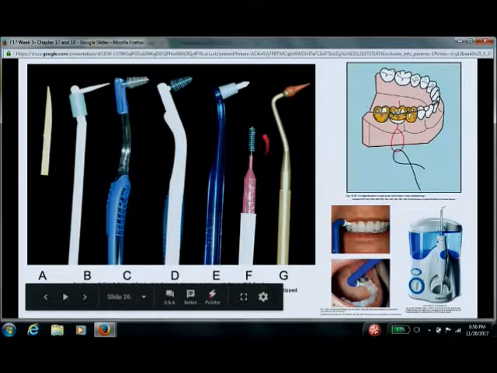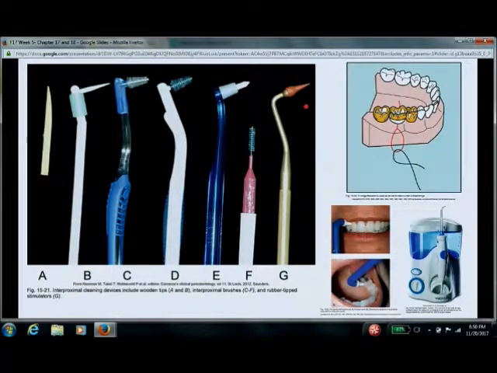So if you never knew what this little thing on the end of your toothbrush was for, that is for stimulating the gums and also being able to push out if the patient has a large space and has some food in between them. So they can use that to get in between the teeth. And that's really what all of these do. These are called interproximal or proxa brushes.